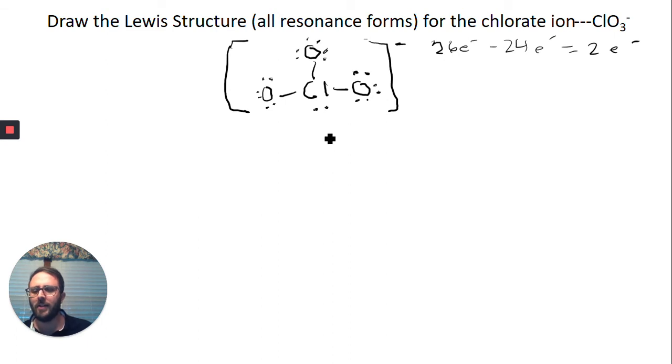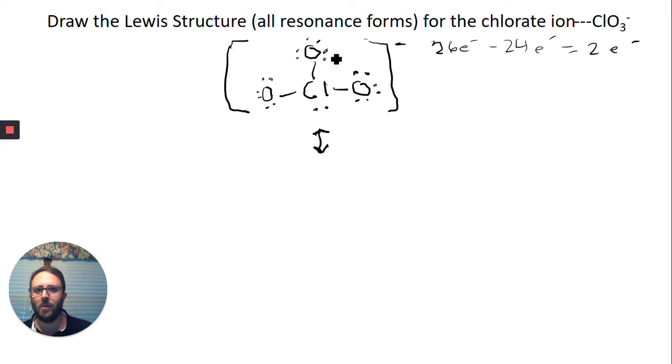Remember in the lecture PowerPoints we were talking about formal charge, and formal charge allows us to distinguish which structure is going to be the best if there's many different ways that we can draw the structure. So we're going to look at other ways that we can draw this structure.